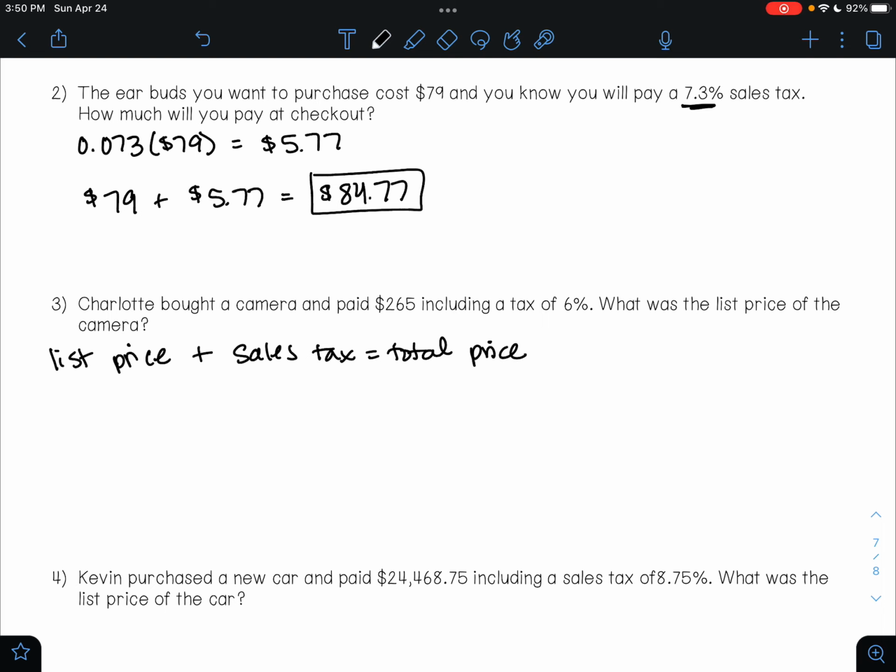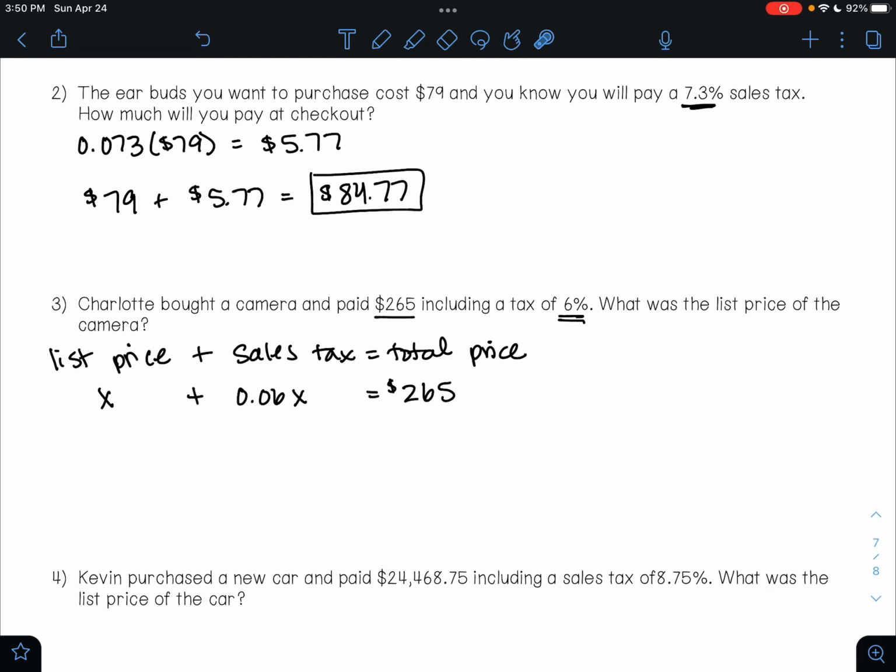So I don't know what the list price is, so I'm going to call that X. Plus, I know that 6% is 0.06, and I would have to multiply that times the list price. And that would give me my total price of $265.